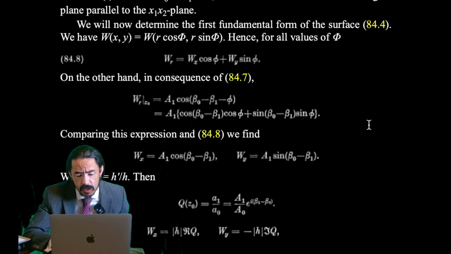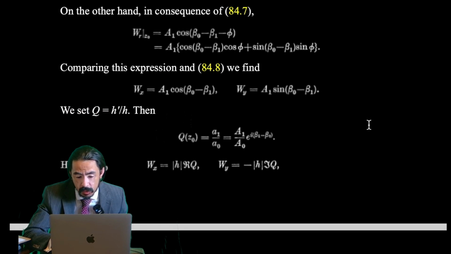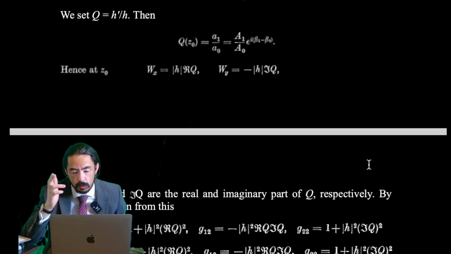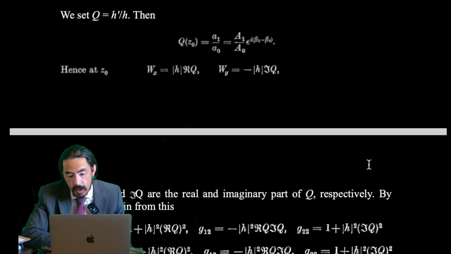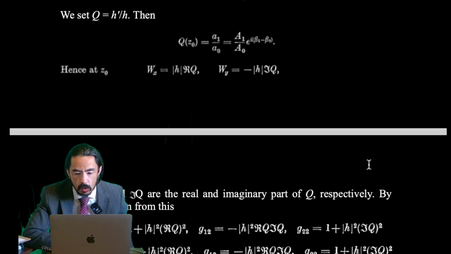So we set capital Q equal to h prime over h. Then we have that capital Q evaluated at z naught is equal to lowercase a1 over lowercase a naught, which is equivalent to capital A sub 1 over capital A naught, times e to the I times quantity beta 1 minus beta naught.